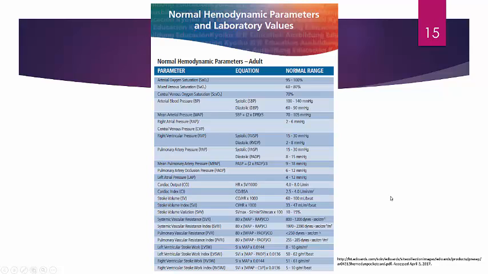This is just a reference here of some of the different hemodynamic parameters and laboratory values. I wouldn't expect you to know all of these, but if a question did come up on a test, for example, I would give you the normal range of some of these different values, other than some of the ones I'm going to want you to know, which will be indicated throughout these PowerPoints and in class. But this is just here for your reference.